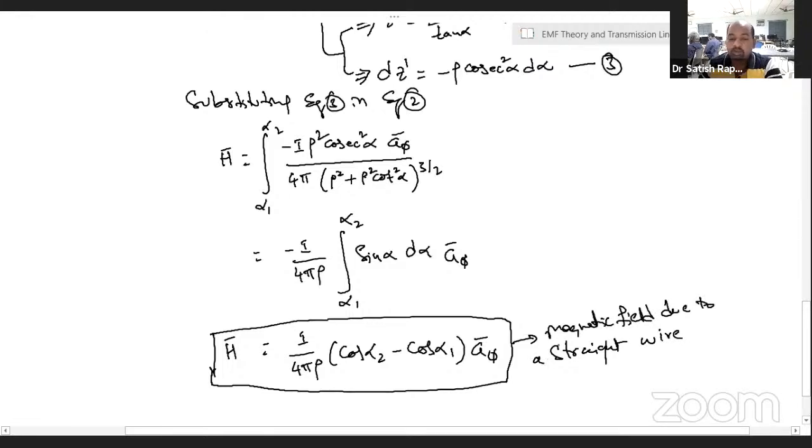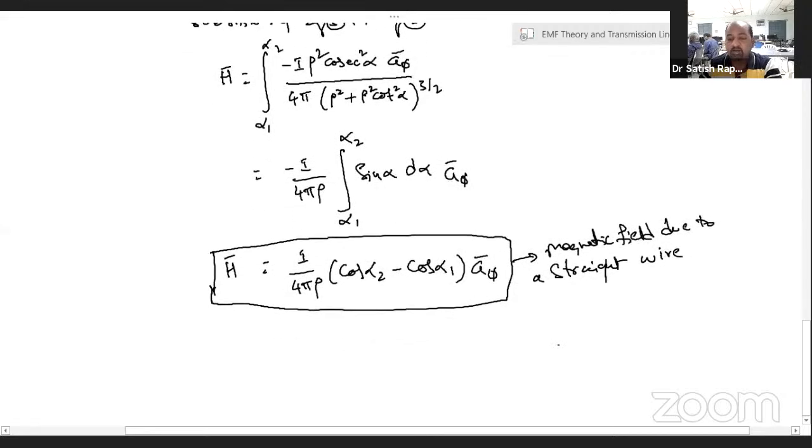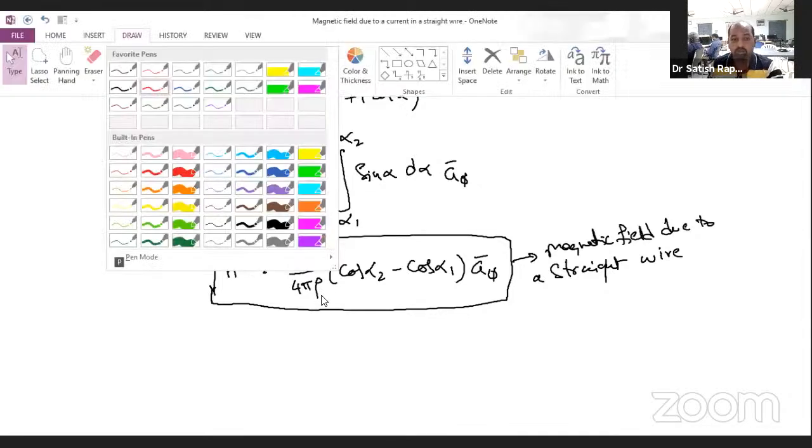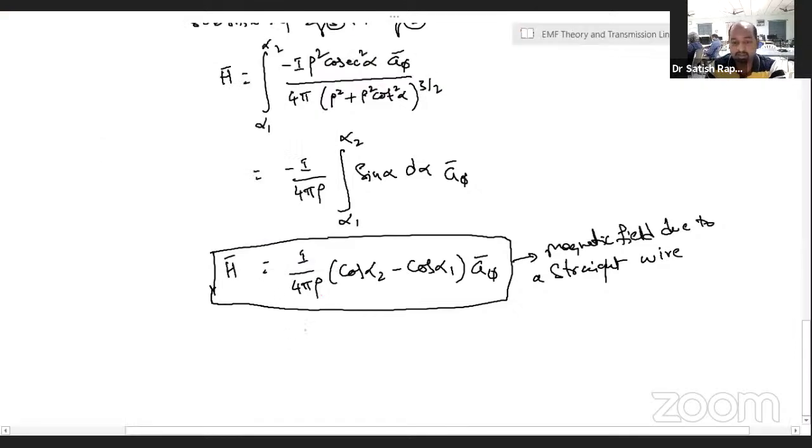So in this expression, we need to know clearly the different parameters. So what are those? Rho is one parameter, and you need to know that very clearly.